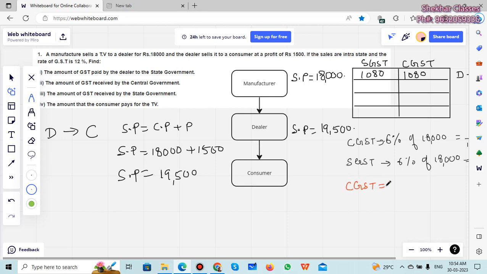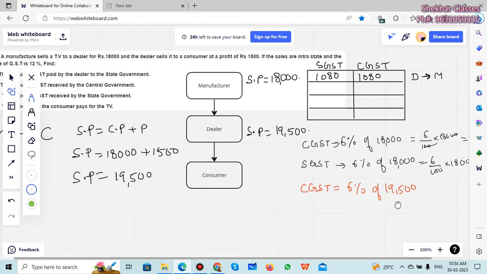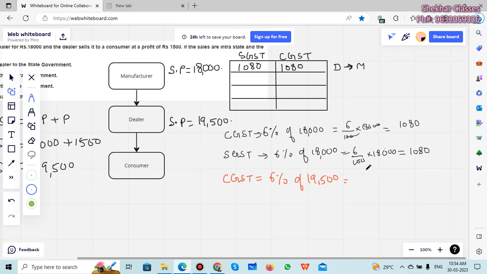CGST will be 6% of what? Remember, 6% not of 18,000. He is selling for 19,500, so it will be 6% of 19,500.